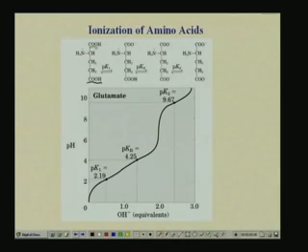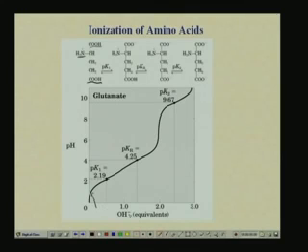This is the carboxylic acid part of the amino acid. This is my NH3 plus. At this point, all of them are protonated. Why? Because my pH is very low. So, at my low pH, that is at this region here, all of these are protonated.